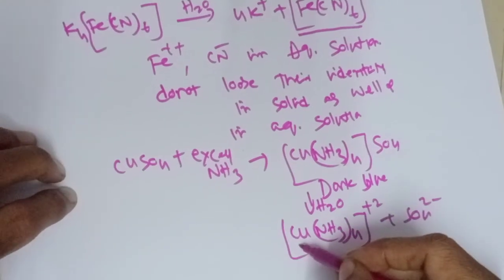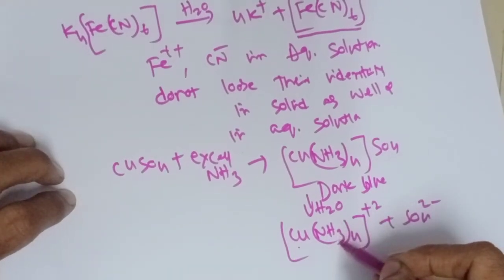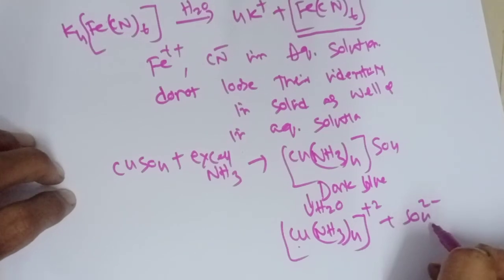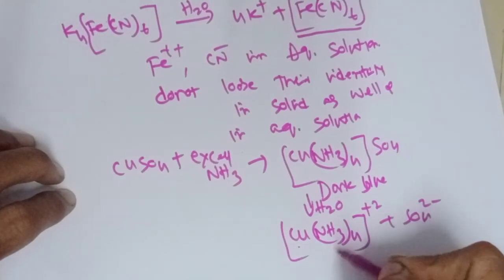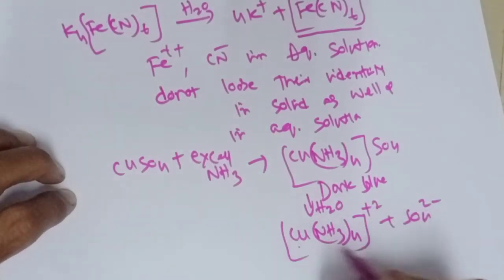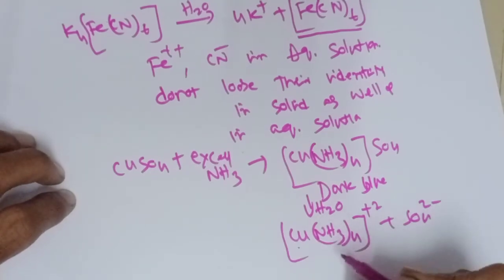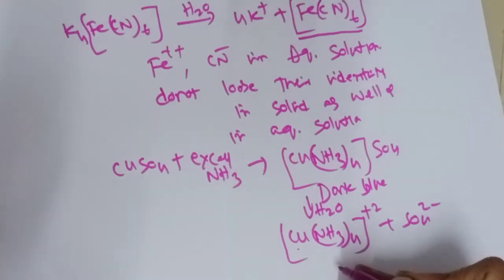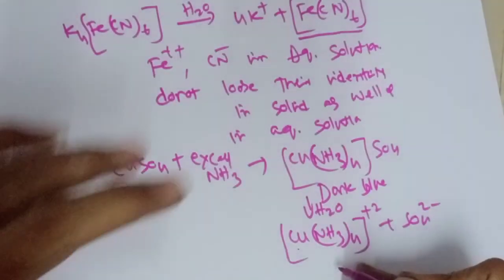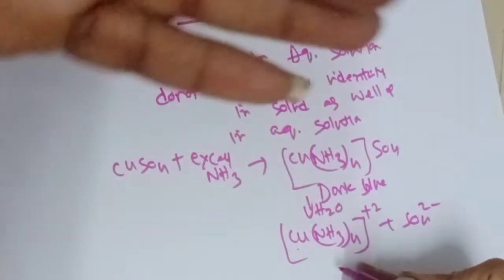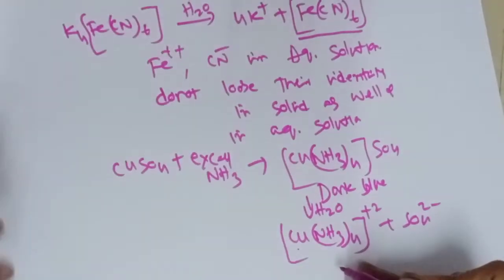We do not have copper ions, we do not have ammonia. Only we have sulfate ions in the complex. So they do not lose their identity. తమ ఉనికిని కోల్పోవు. కాంప్లెక్స్ నీటిలో వేసినప్పటికీ కూడా అవి పూర్తిగా అయాన్లుగా మారవు. అది కాంప్లెక్స్గానే ఉంటుంది. That is the main difference between double salt and complex.